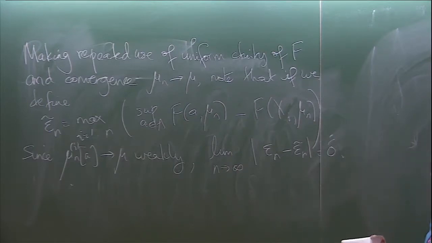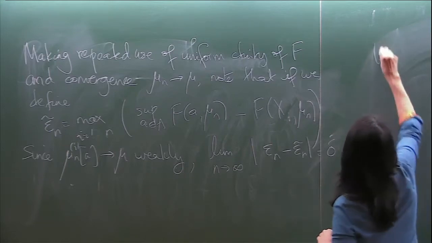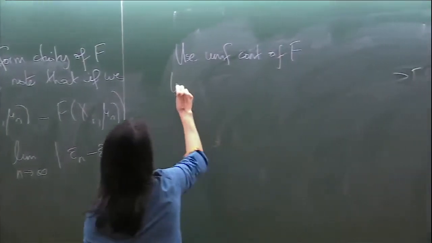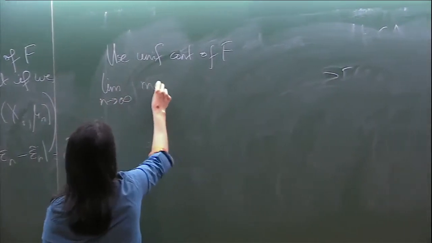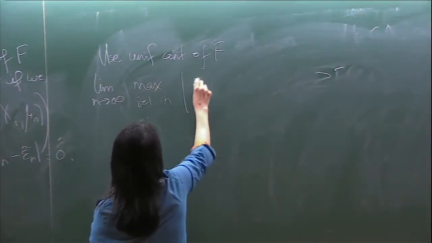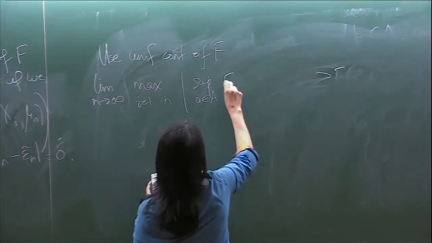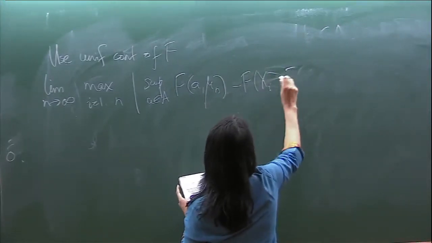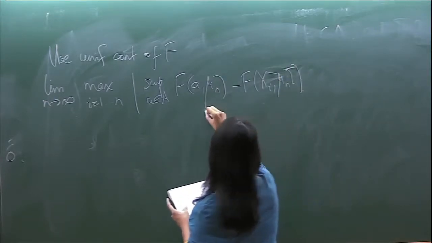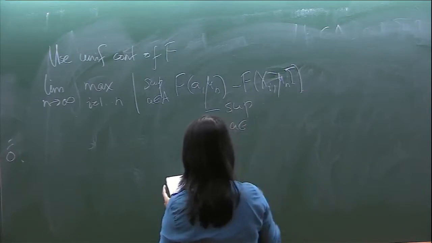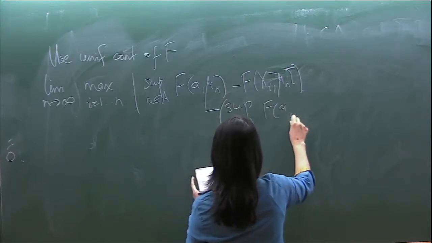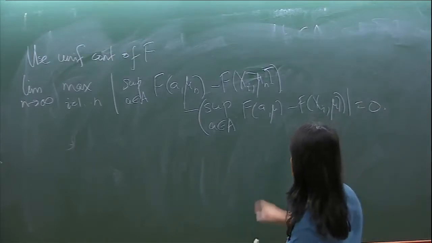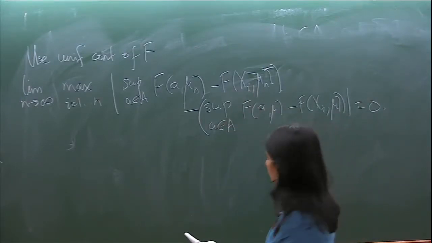It's clearer why for epsilon tilde_n, because we'll again use uniform continuity of f to show that the limit as n tends to infinity of the max of the sup minus the sup, if I replace the mu_n's by mu, goes to 0. You're just adding and subtracting the different ones.